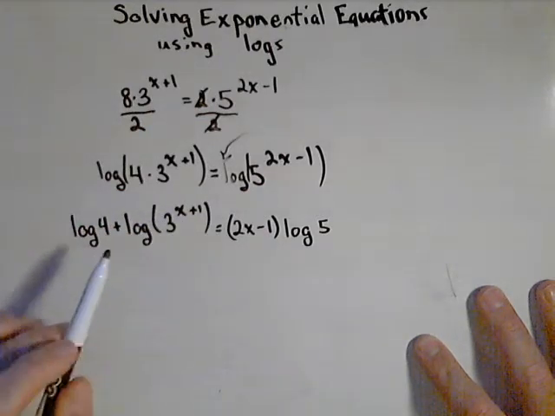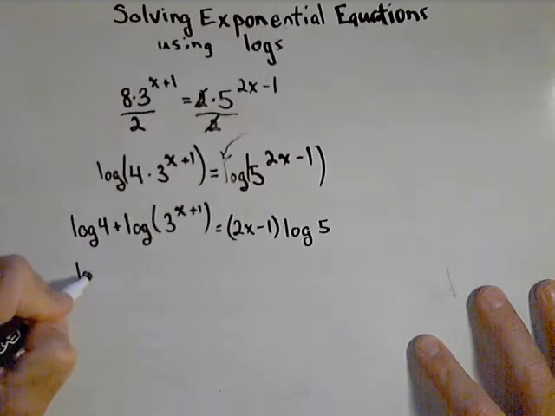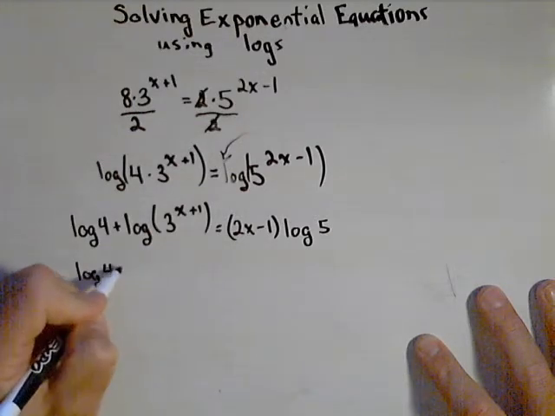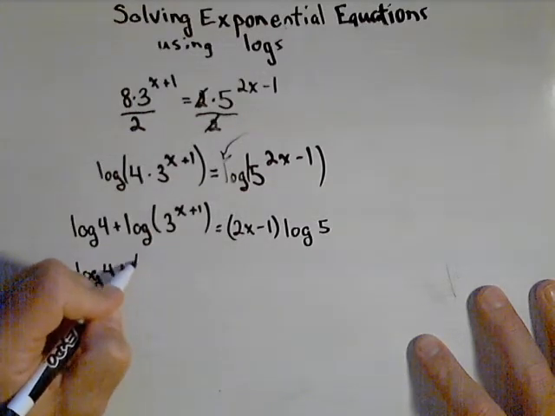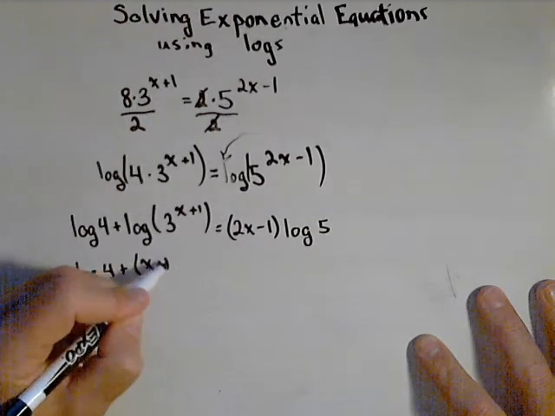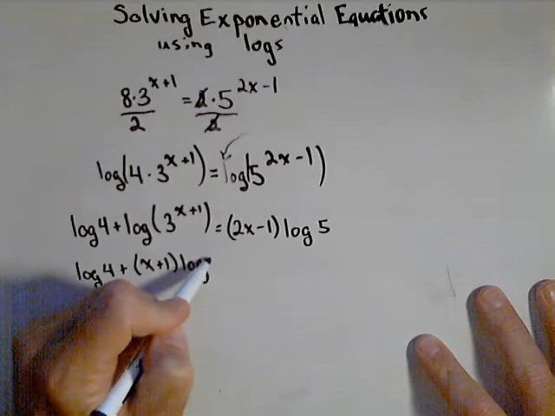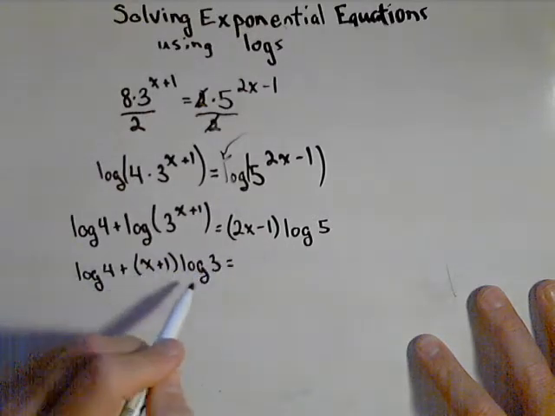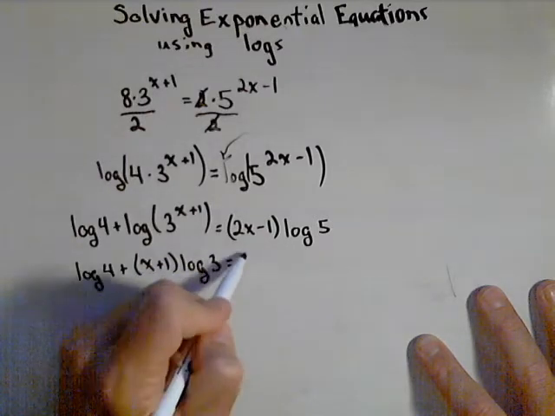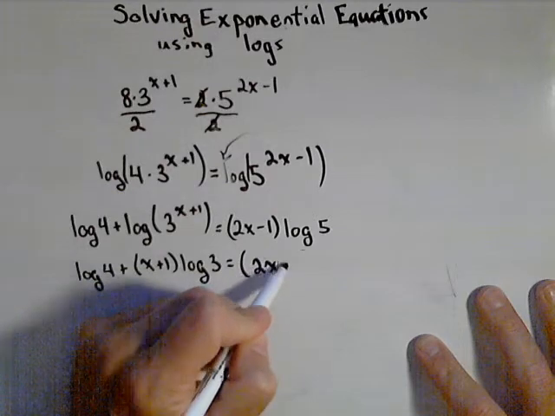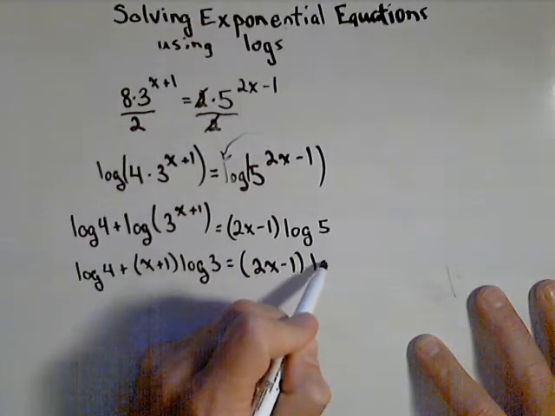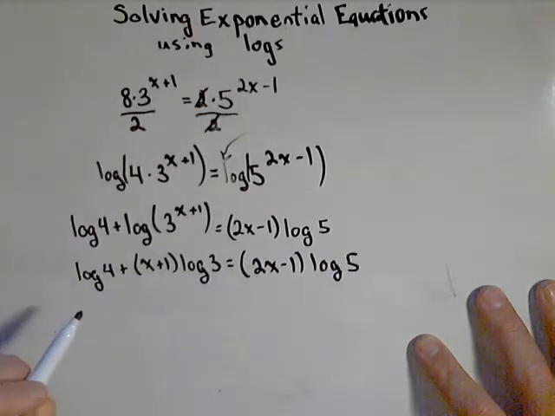Because now I can pull that exponent out front. So I have log of 4, which is just a constant, plus x plus 1. And notice I am putting the exponents in parentheses. That's going to be important because it's this whole quantity multiplied by log of 3. And same thing over here, the whole quantity 2x minus 1 being multiplied by log of 5.